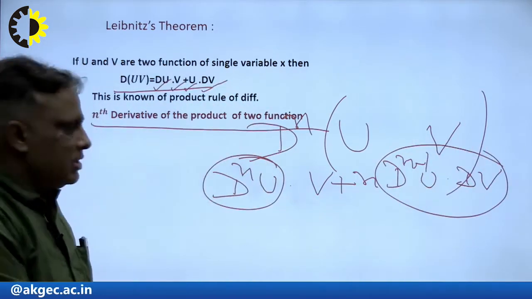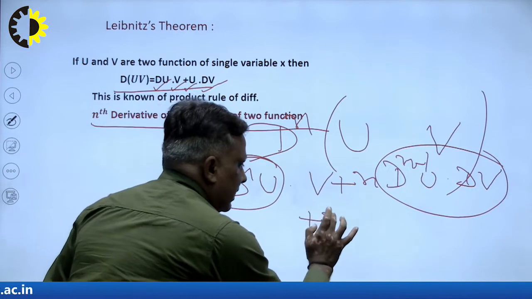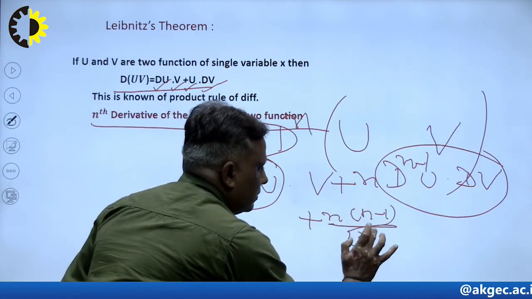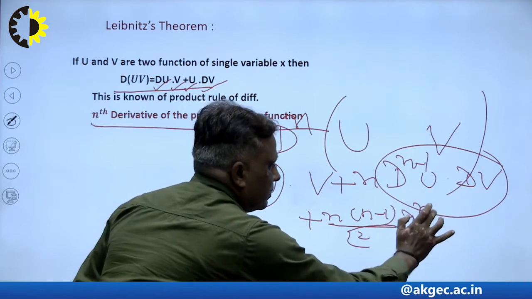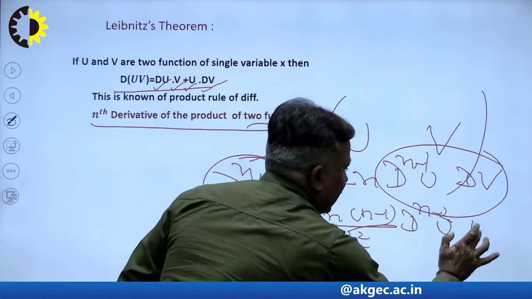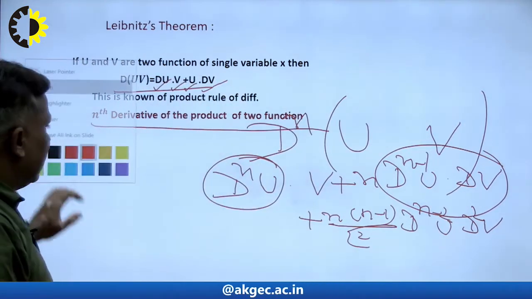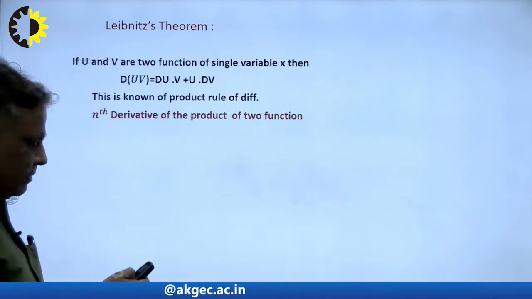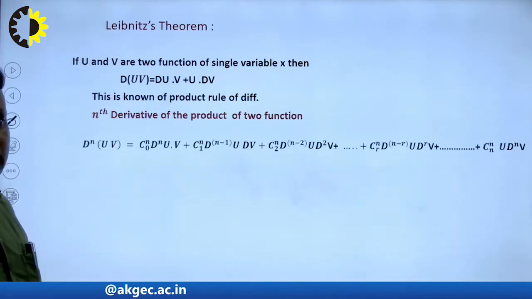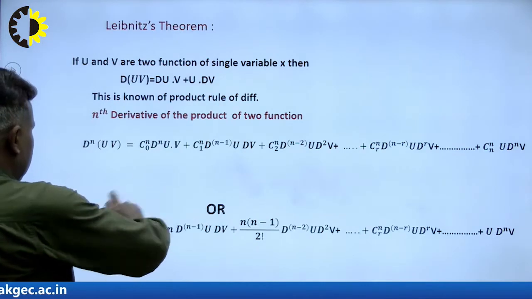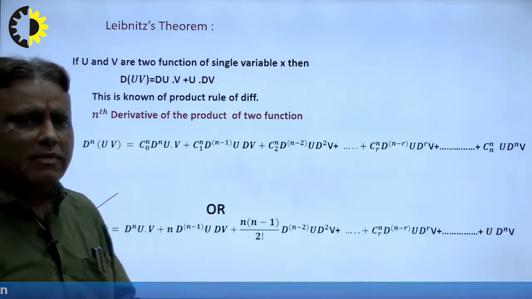In the next term I write plus n(n minus 1) upon 2 factorial, the (n minus 2)th derivative of u and the second derivative of v. I will explain all these things again using this method. We can use another form too; students use this because it is an easy way to solve our problem.